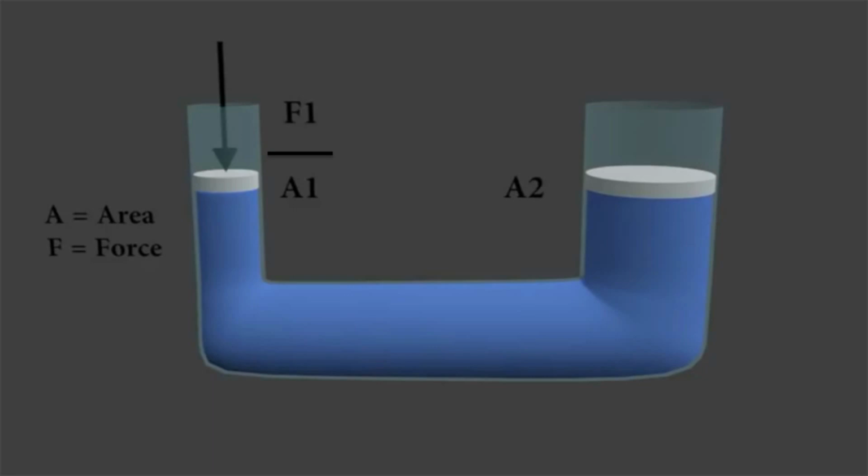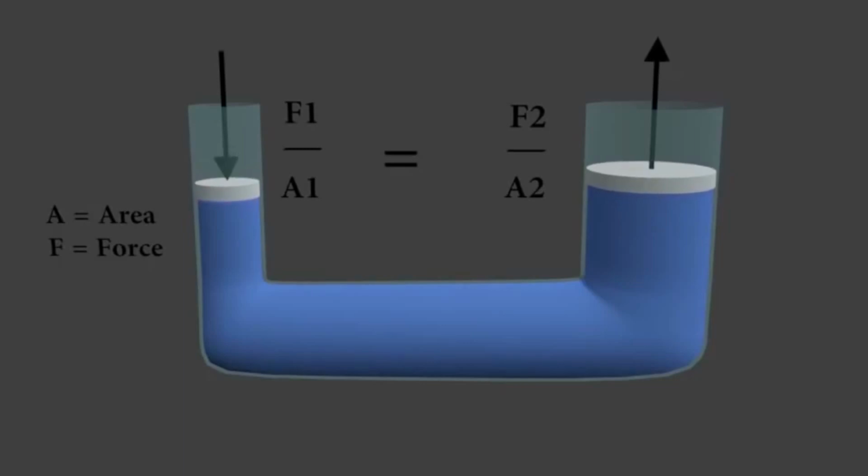Now according to Pascal's law, pressure exerted will be transmitted equally through the liquid to the piston in the bigger vessel. So this exerts an upward pressure P2 which is equal to P1. So P2 is equal to P1, but P2 is equal to F2 divided by A2, where F2 is the force on the bigger piston and A2 is the area of the bigger vessel.